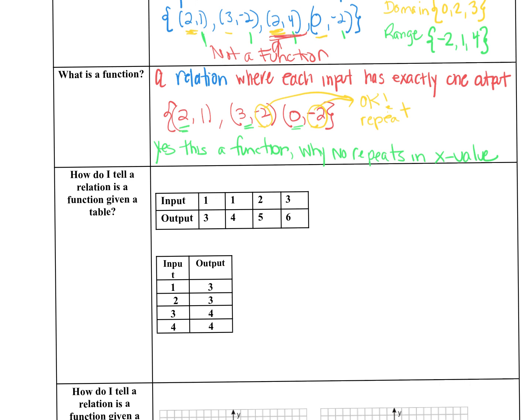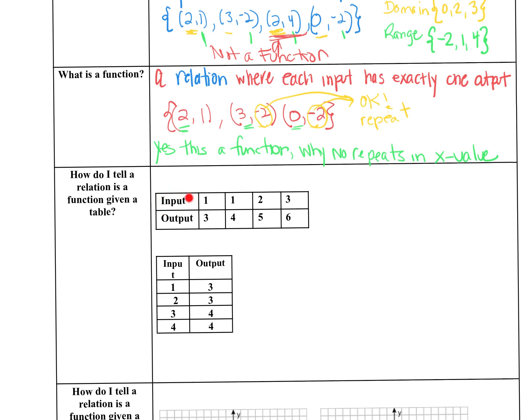First, though, we're going to look at how we tell a relation is a function if we are starting with a table. If we look at the definition, it's where each input has exactly one output. The reason why the previous one was a function is there are no repeats in the x value. So what we need to do is inspect the x value. Remember, that's the x value, the input, the domain, or the independent variable.